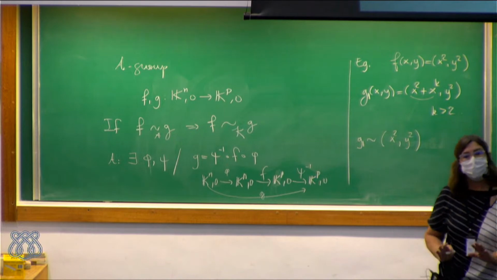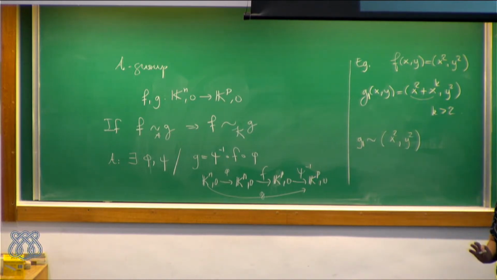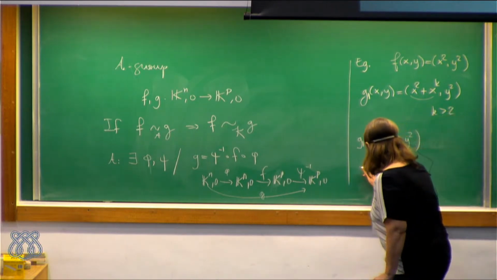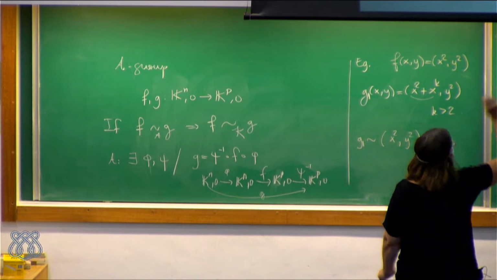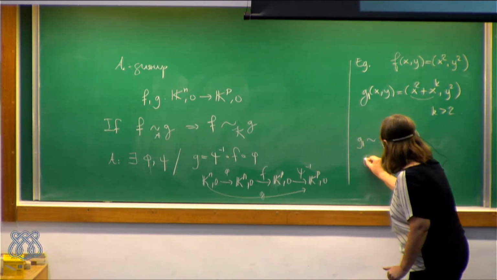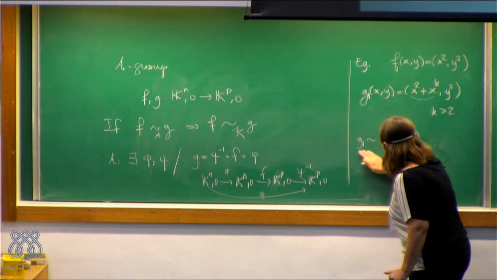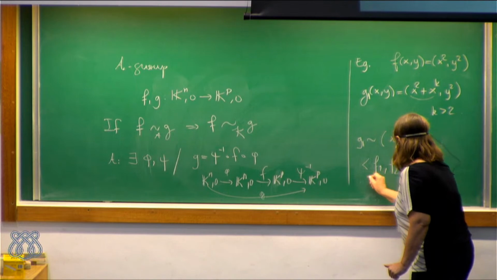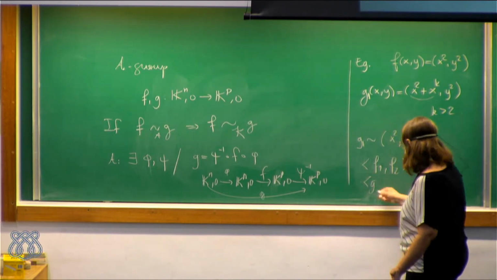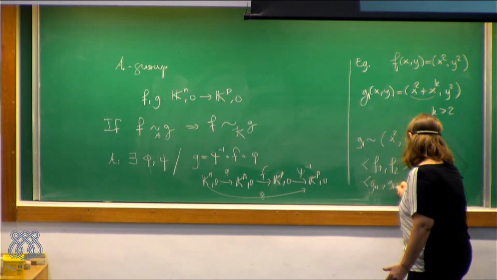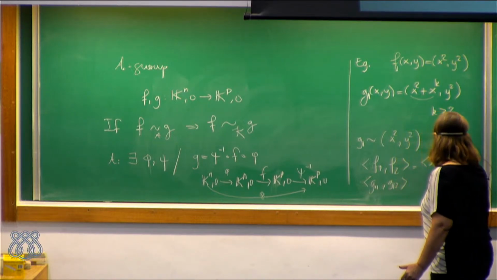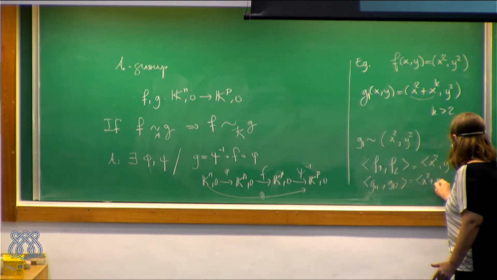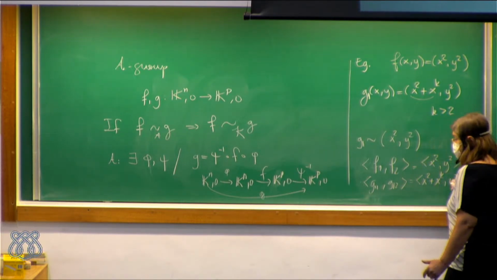It's an easy change of coordinates in x. So it's A equivalent, then it's K equivalent. But we can look at the algebra also. The algebra is there. So is O_2. Let's look just at the ideal, F1, F2, or G1, G2. So here we have x squared, y squared. And here we have x squared plus x to the k, y squared.